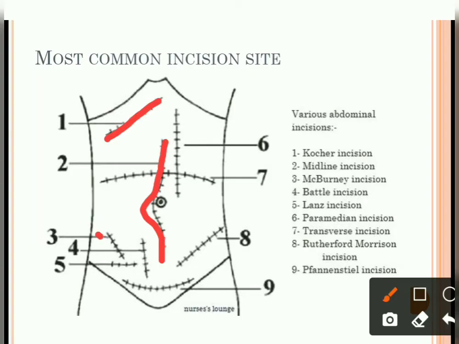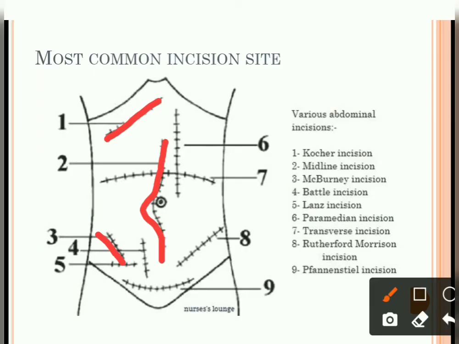Third, we have our McBurney's incision or our gridiron incision. It provides a good exposure for performing open appendectomies and is made obliquely at McBurney's point, two-thirds from the umbilicus to the anterior superior iliac spine. So, this is for your appendectomies.